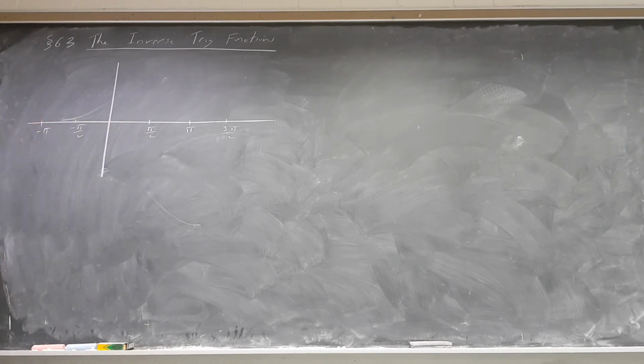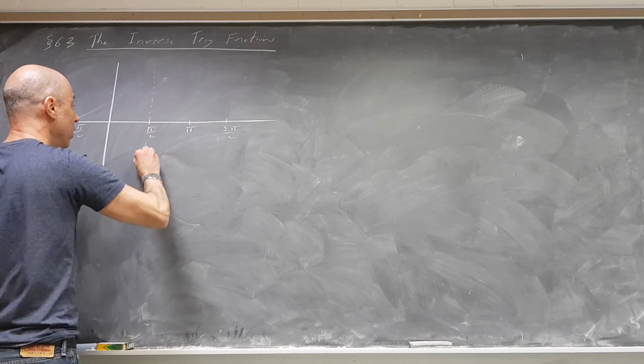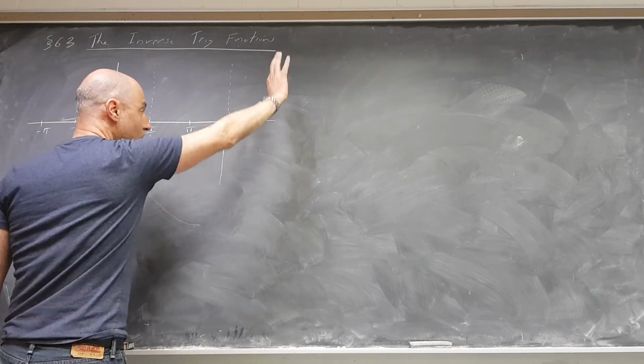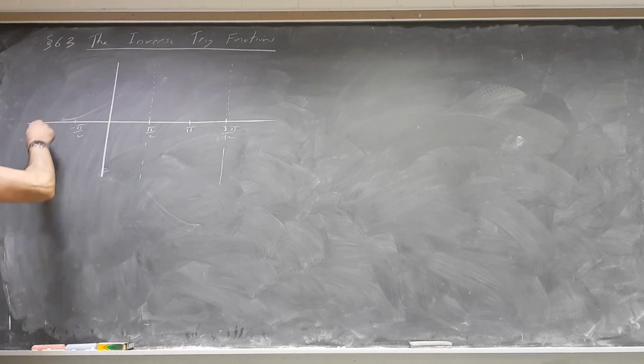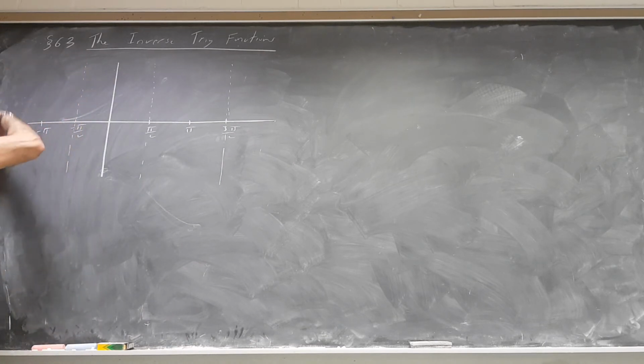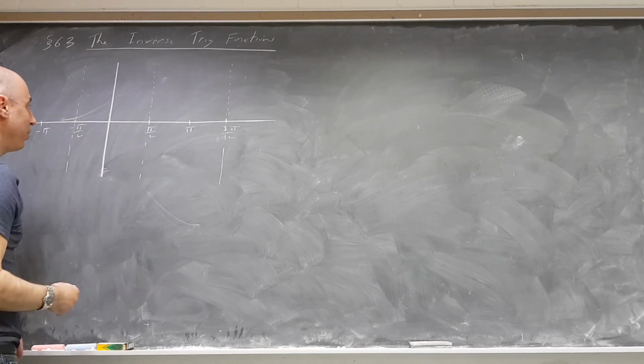And you recall that the tangent function has a vertical asymptote every time cosine is equal to 0. So we have a vertical asymptote at pi over 2, one at 3 pi over 2, another one at 5 pi over 2, which is off my picture, another one at minus pi over 2, at minus 3 pi over 2, basically every pi starting at pi over 2 and going in both directions.